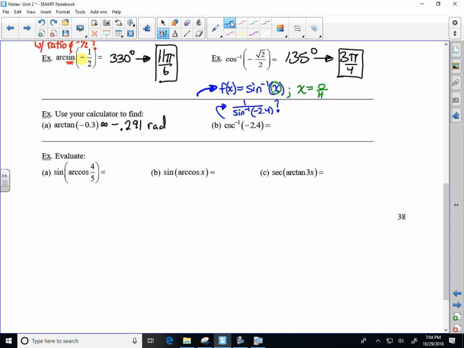The key here is knowing that cosecant would have the reciprocal relationship. So this has to be the hypotenuse in a triangle over the opposite. All right?